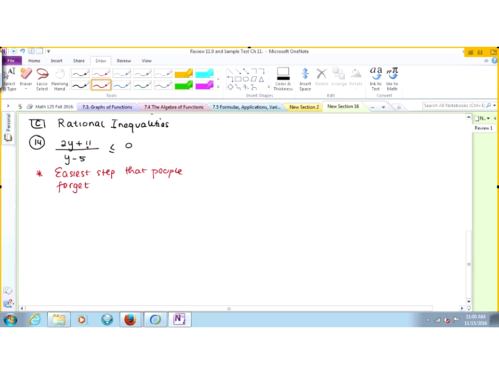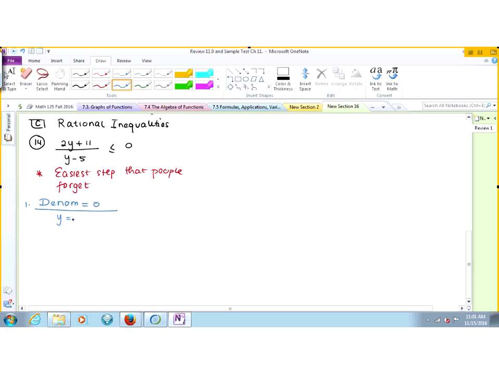This is a rational inequality, and the easiest step that people forgot is excluding the 0 on the denominator. Can you have denominator equal 0? No. So the first step is you set the denominator equal to 0.